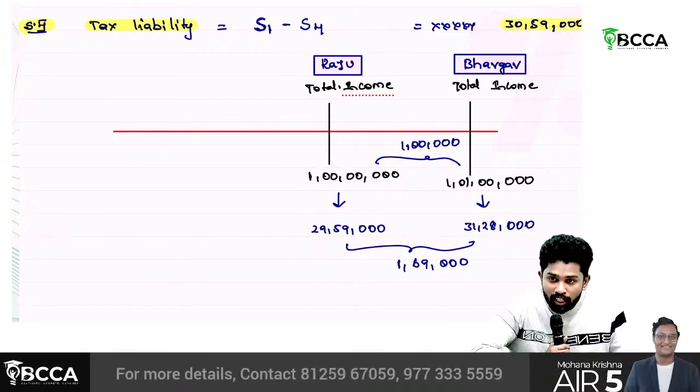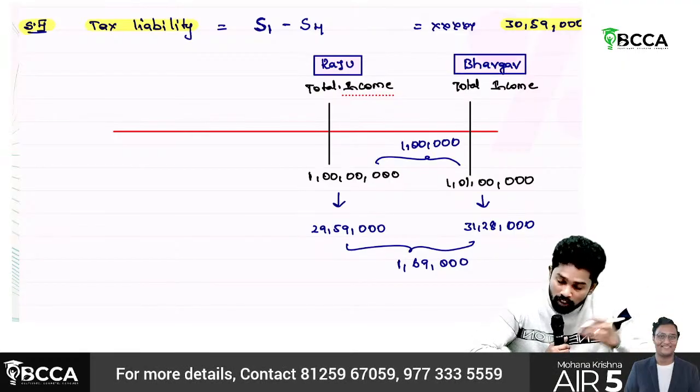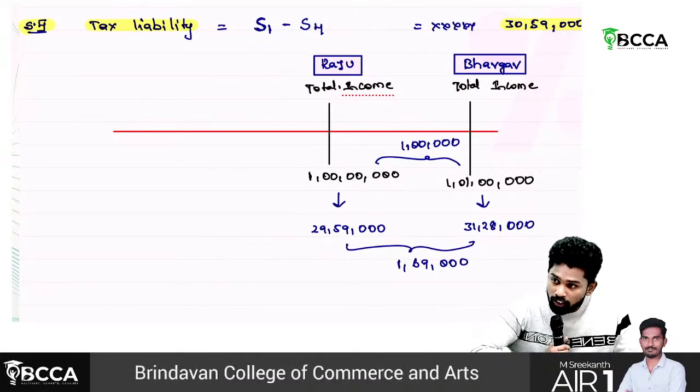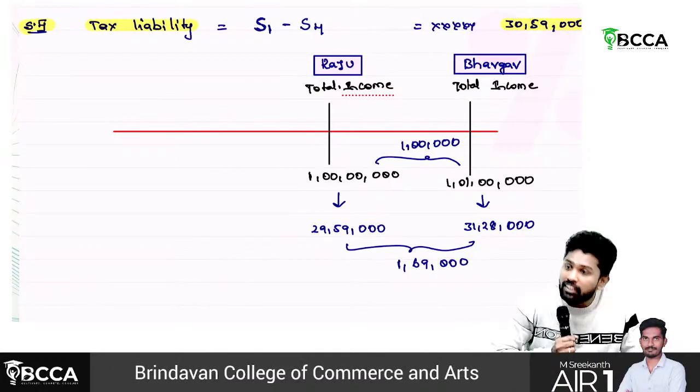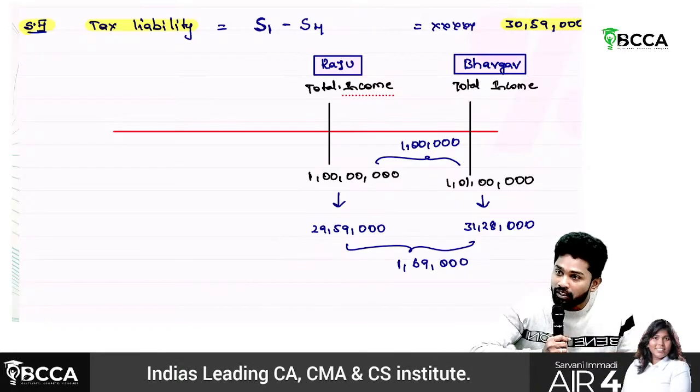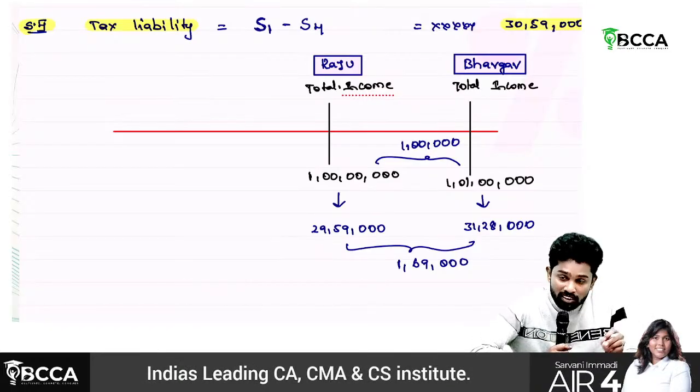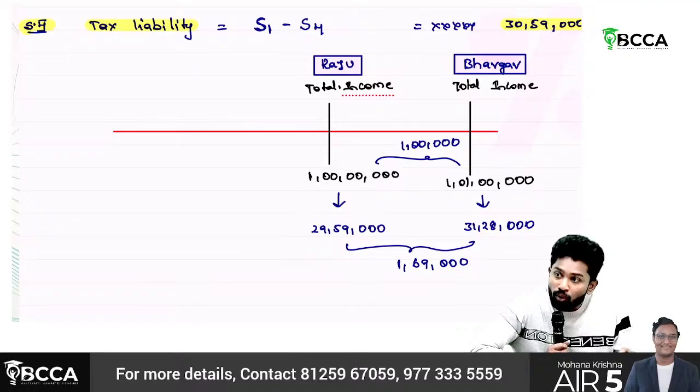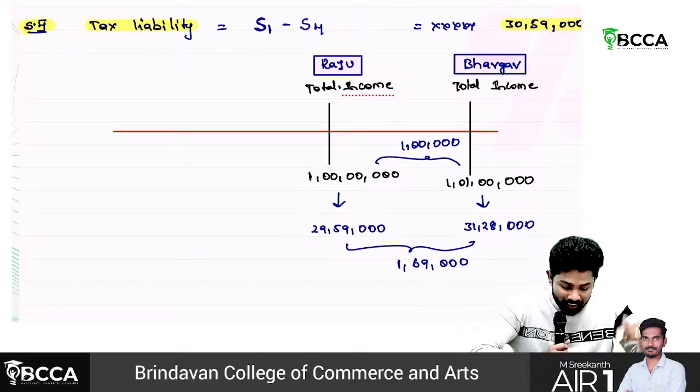If you look at the net earnings after reducing the cash outflow, the cash they are having in their account, Raju will be in a better place. So it's not justifiable to tax more than what they earn. The incremental revenue is only 1 lakh, but the incremental expense is 1,69,000.